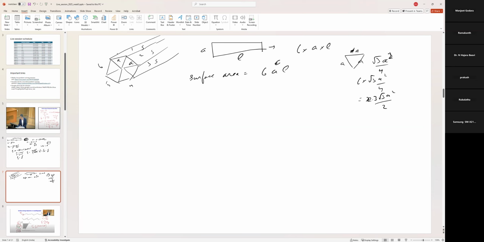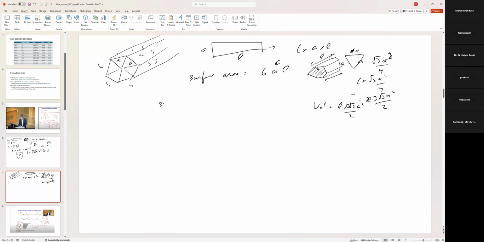And you just multiply it with the length. So this is your length L. You calculate the area of this flat face, multiply it with the length, and you get the volume: length L times 3 root 3 A squared by 2.